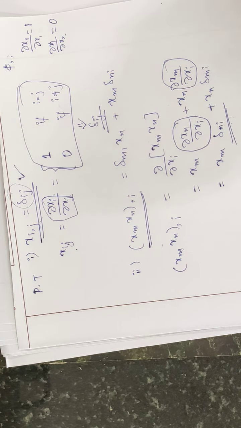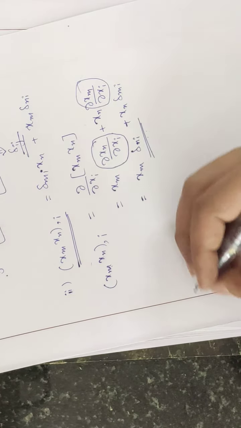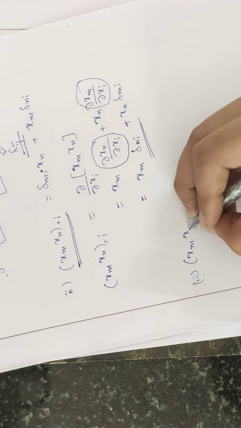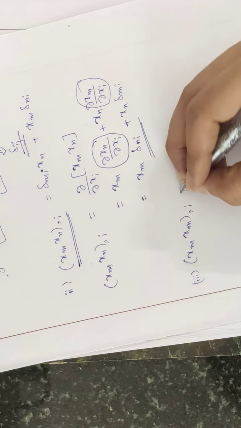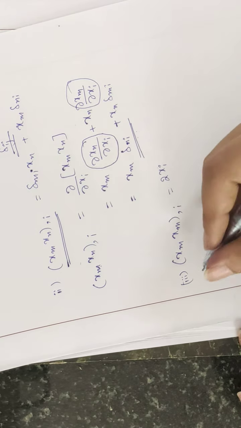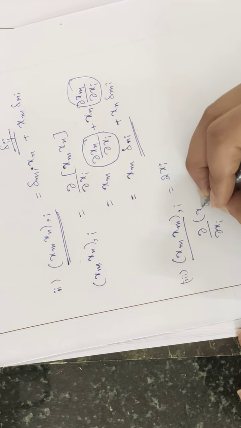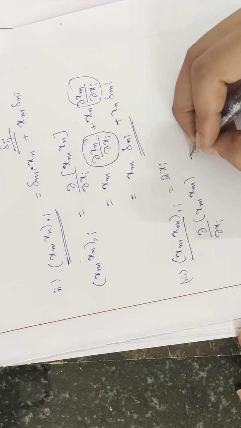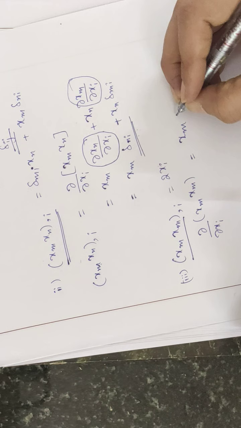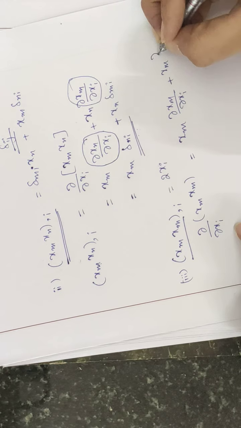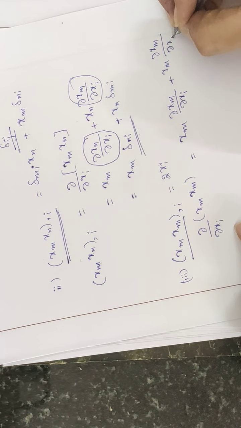So this is how we will prove the problems using comma notation. Okay, this is i, this is not 1. Let's prove one more problem. We have to prove xm xm comma i is equal to 2xi. So this can be written as dou by dou xi into xm xm, right? Using the product rule, we can write this as xm into dou xm by dou xi plus xm into dou xm by dou xi.